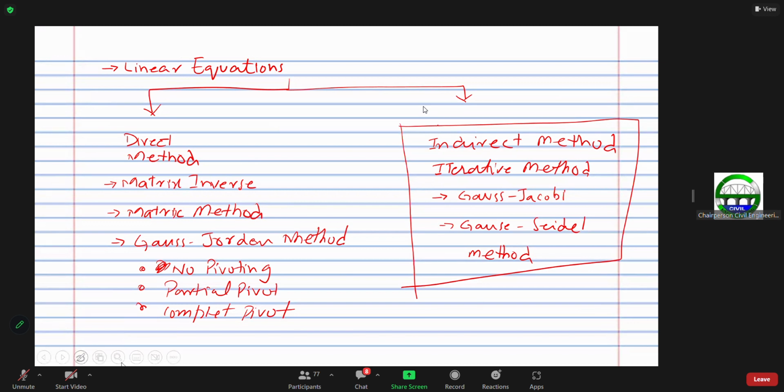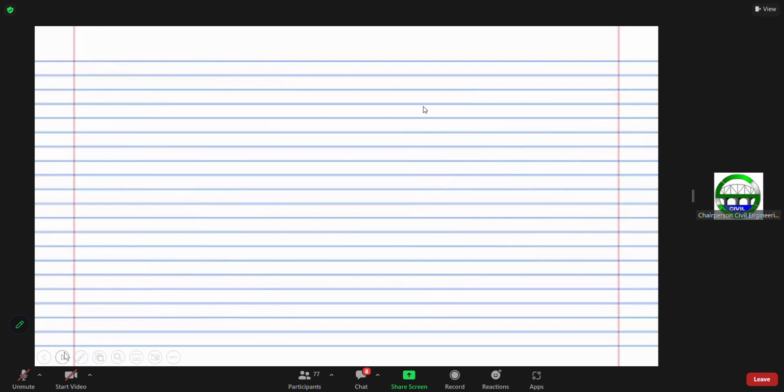So let's move on. We will start first with an example of Jacobi's method. In the Jacobi method, we will have several iterations.